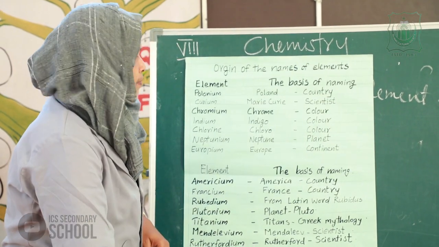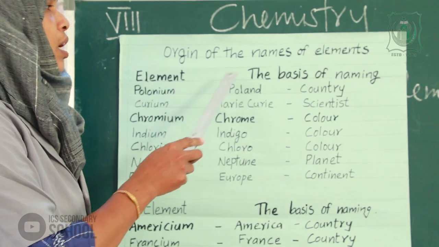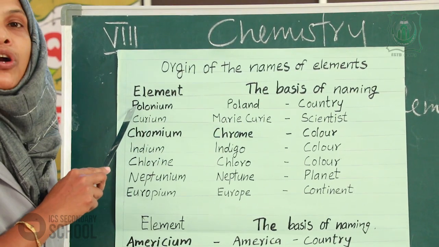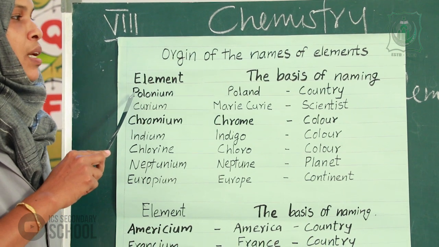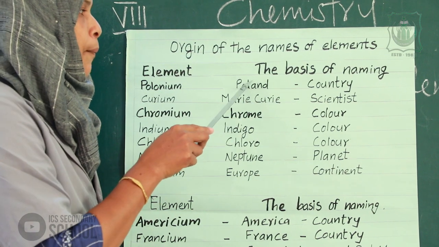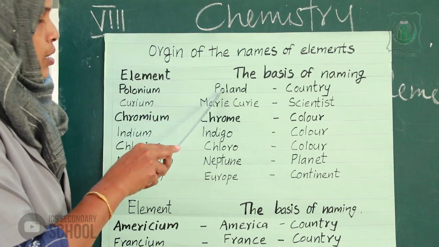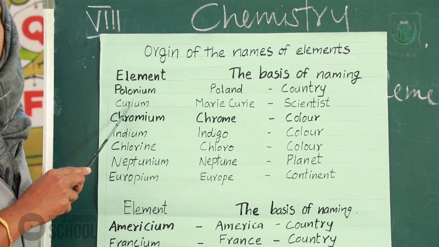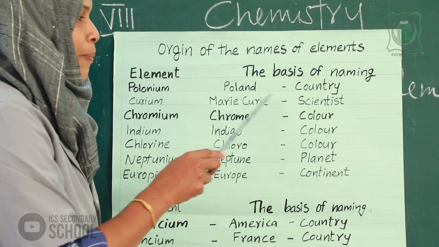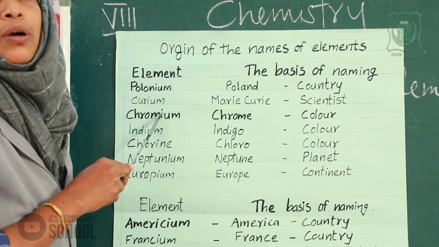First one, polonium. The name is originated from the country Poland. Next, curium. The name originated from the scientist Marie Curie. Next one, chromium.